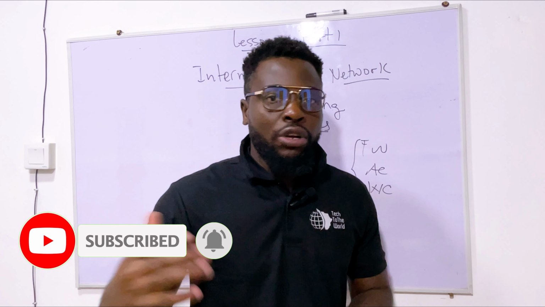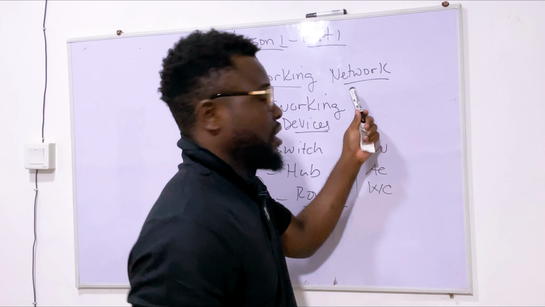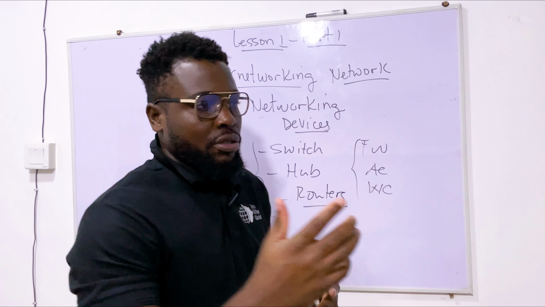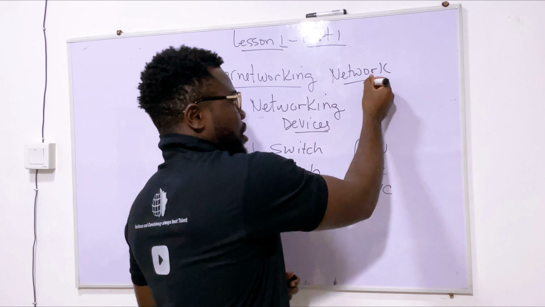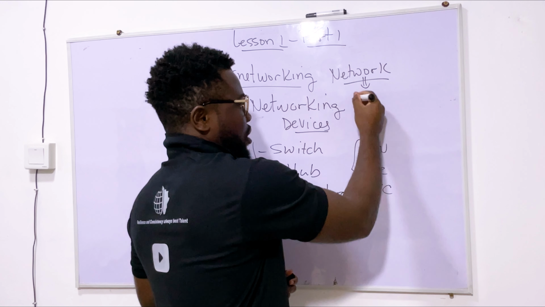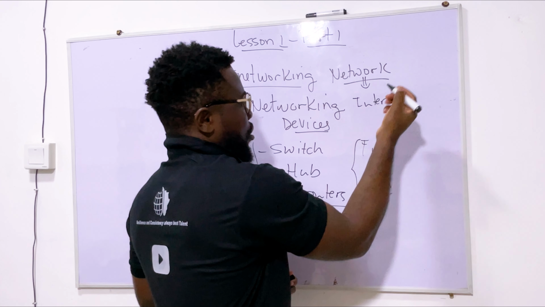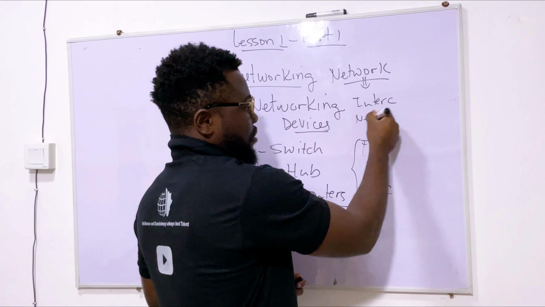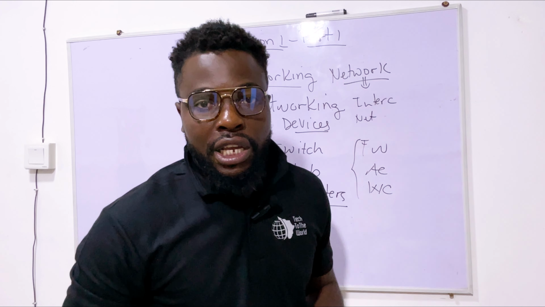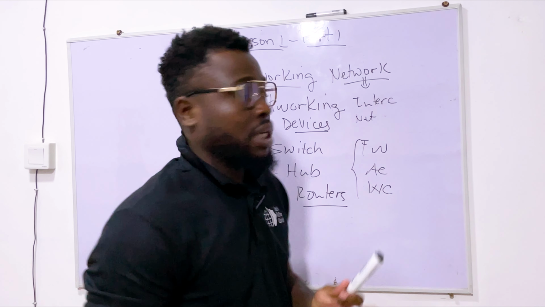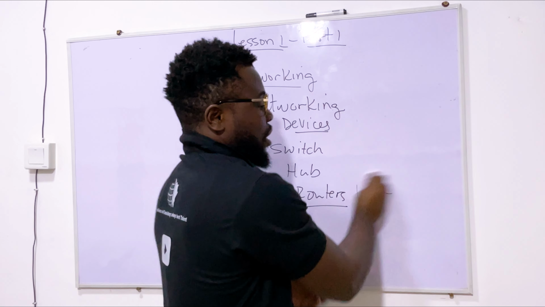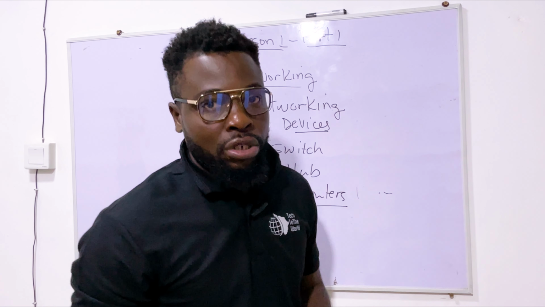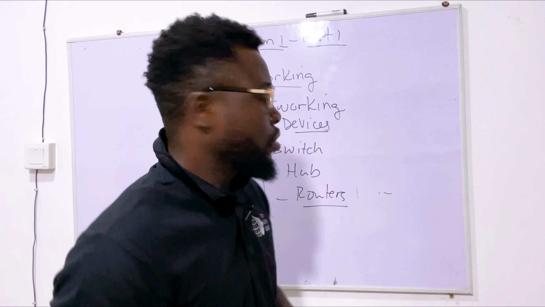So I'm not really going to spend much time on defining this one, but to make everything short, a network is just an interconnection of network devices in order to share information. That's something very basic. But if you want a long definition, you can just Google and get what you are looking for.